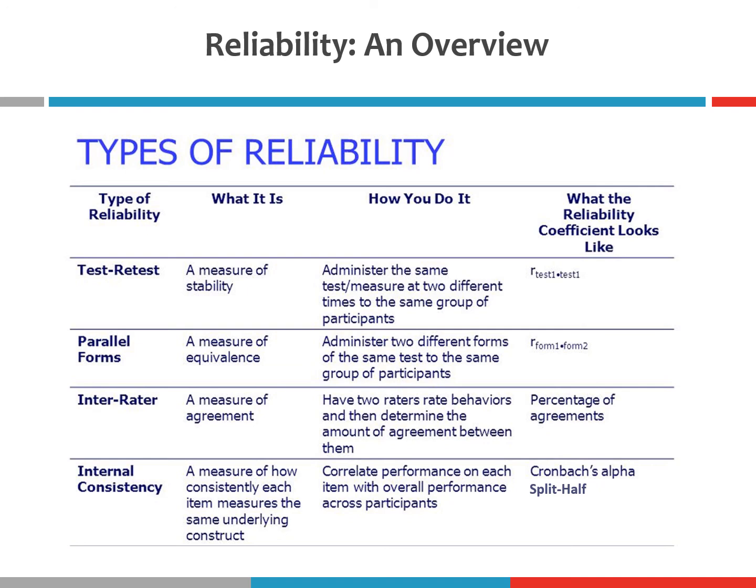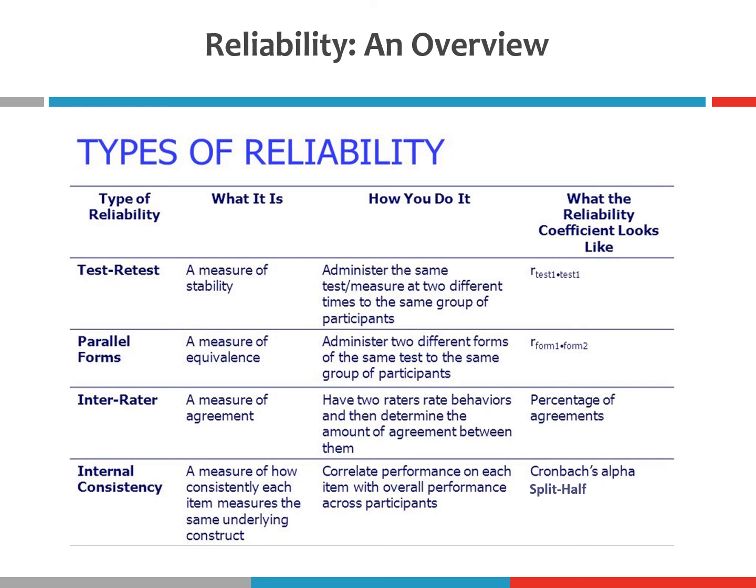So we can look at the percentage of agreements or the percentage of time that the scores are the same, or we can also simply correlate the scores provided by one observer with the scores provided by the second observer.